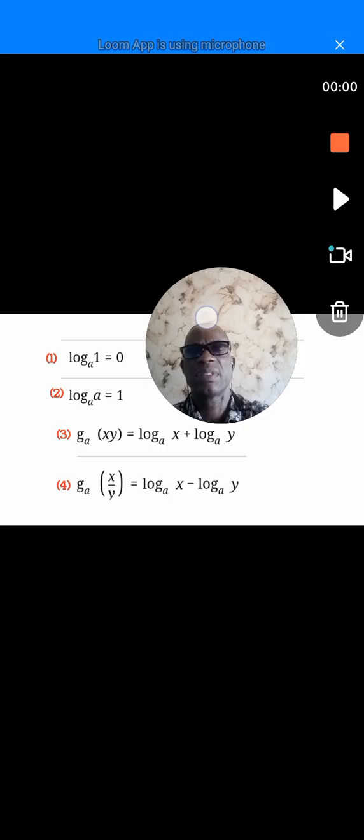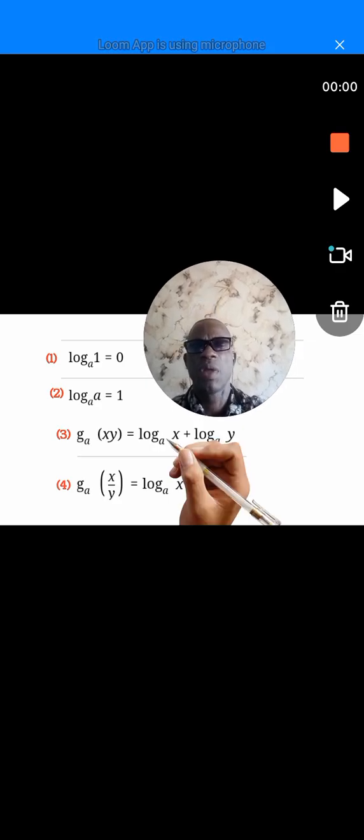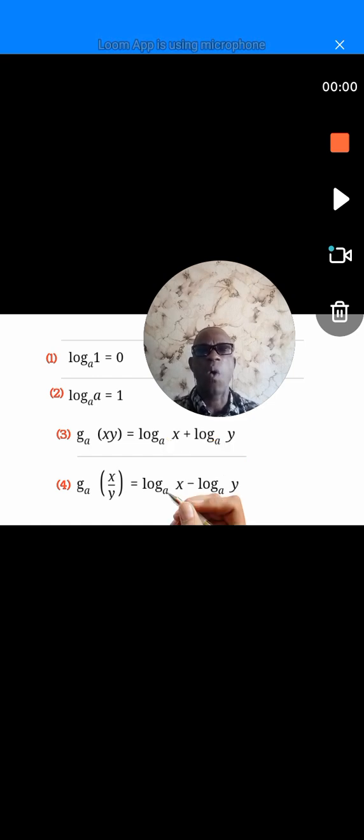Now, the third law, which we call the product law of logarithm, says log xy, that is the log of x multiplied by y, is the same thing as log x plus log y, all in base a.